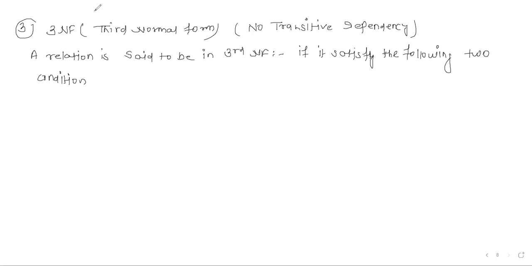So a relation is said to be in the third normal form if it satisfies the following two conditions. First, the relation is in second normal form.